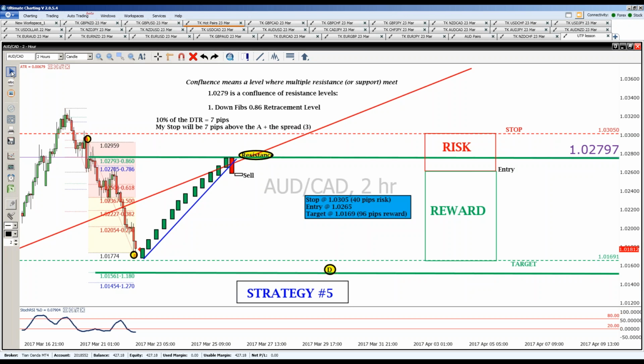Mark says, would you place a market order now or wait until it gets to your entry point to do it? Well, that's a good question there, Mark. If you want to follow strategy number 5, you're going to have to manually watch the market until it bounces against that resistance at the backside of the trend line, and then wait for a candlestick formation, and then you can manually take a sell.